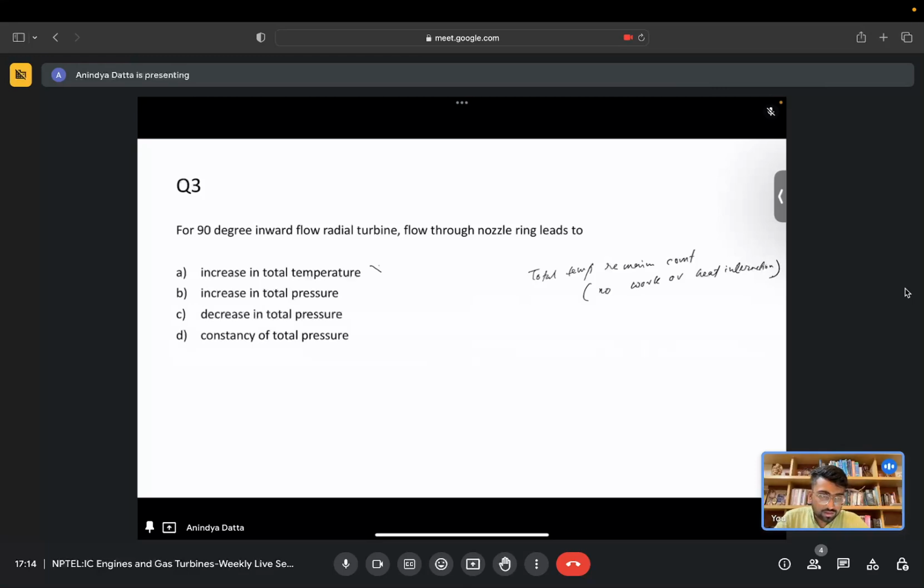Next is increase in total pressure. Again, since there is no work input, the total pressure won't change. Now if the flow is isentropic through the nozzle ring, then the total pressure will stay constant.